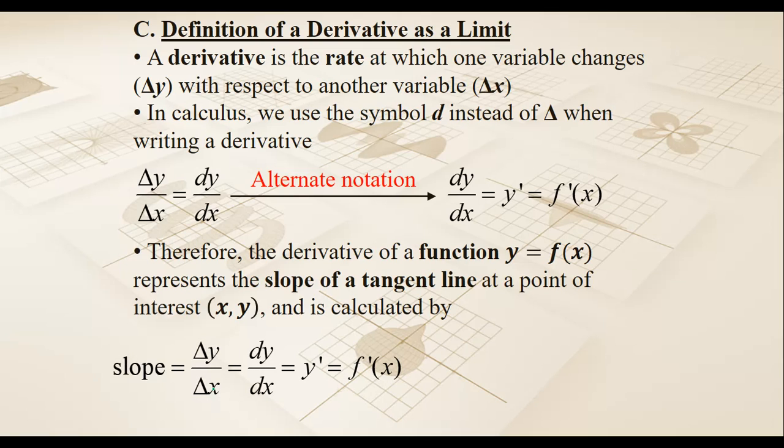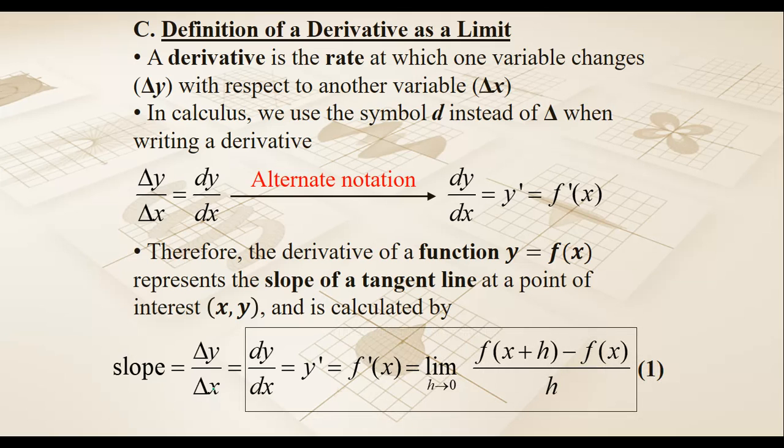Therefore, we can say my slope, which we know is equal to delta y over delta x, rise over run, in derivative notation would be dy over dx. In the prime notation, that would be equal to y prime or f prime of x. And we know that dy dx, okay, we showed this on the previous slide.